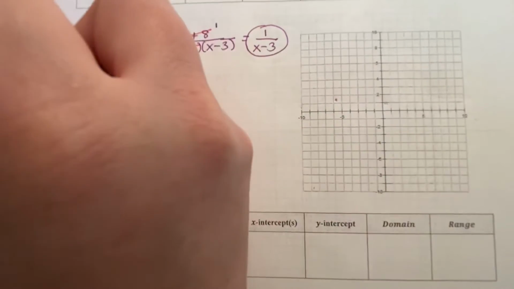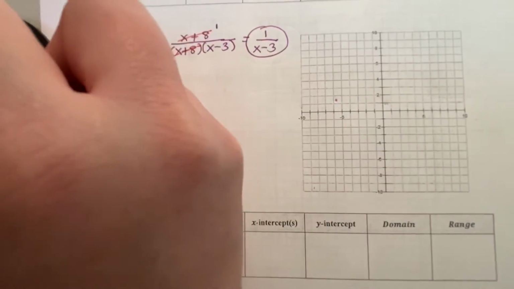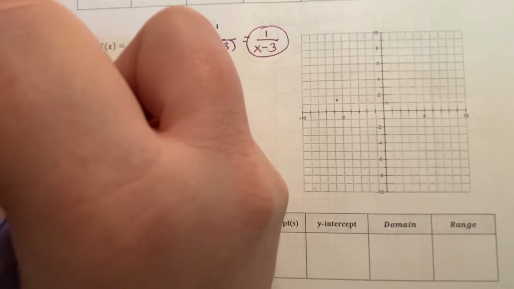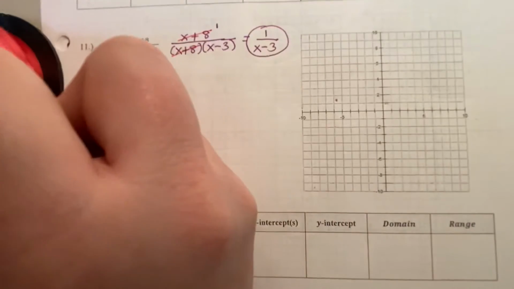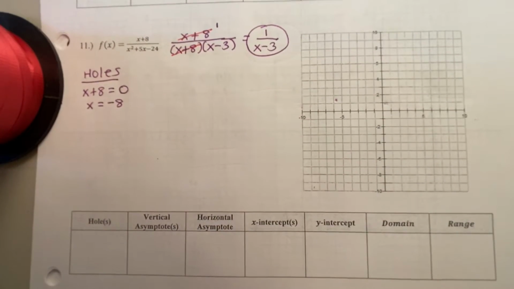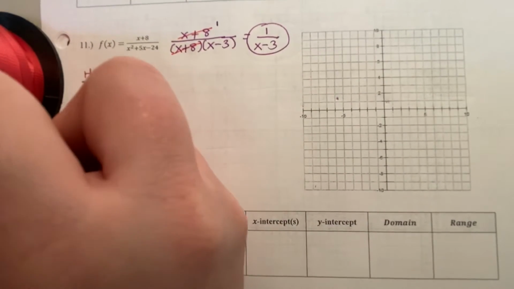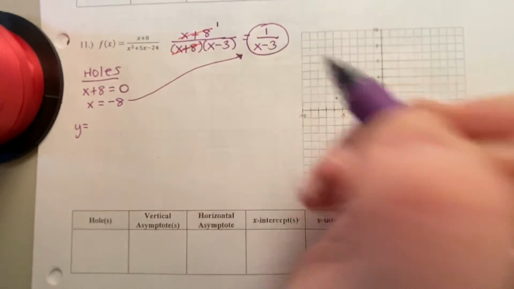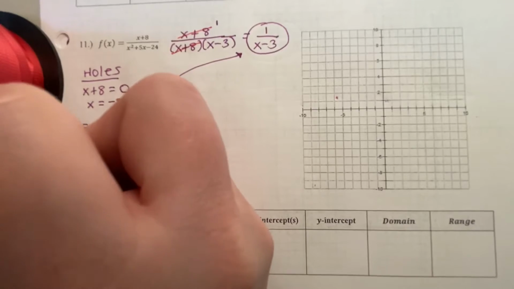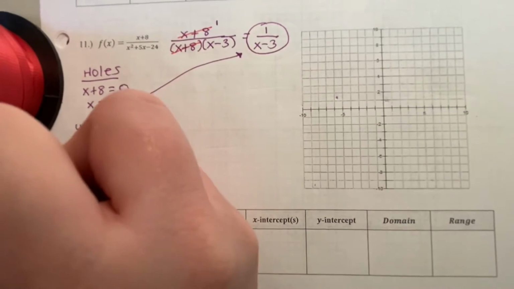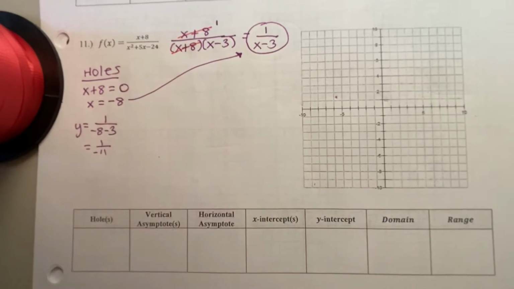Now I'm going to identify my holes. And since I did have something to cancel out, the x plus 8, that's going to help me get the x value of my hole. So when I set it equal to 0 and solve for x, I get x equals negative 8. Now I need to substitute back into this original or simplified function. So I would have 1 over negative 8 minus 3, which is really 1 over negative 11, right?